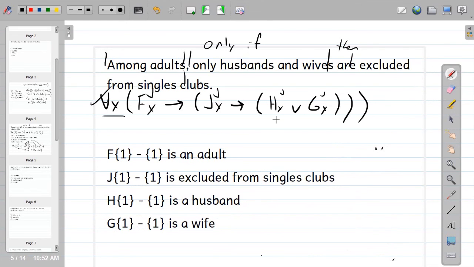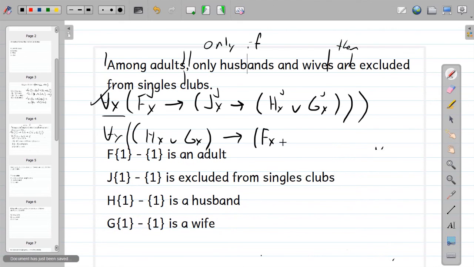So can we say for all x, if hx or gx, then fx. Not. Oh, hang on. So if you're not a husband or a wife. Ah, I see. Isn't that what we did? Oh, no, sorry, the other.